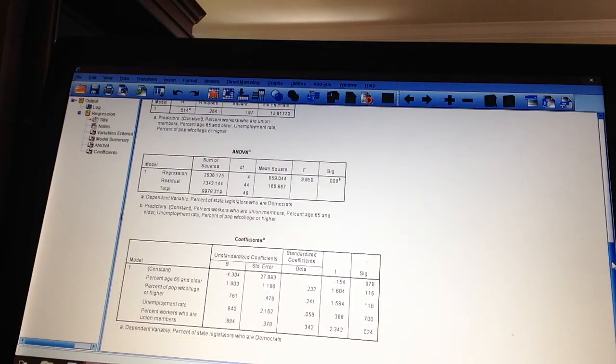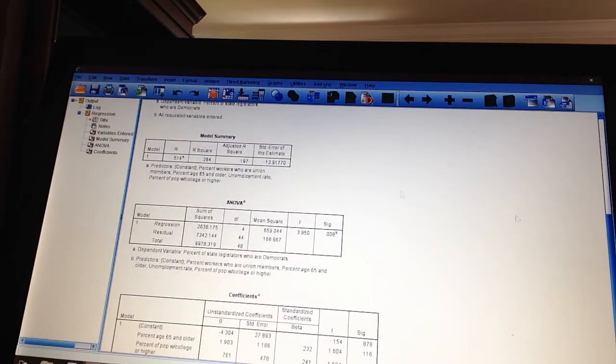Now, one other thing I want to show you in review on regression analysis is to remind you about the R-squared. All right? Remember, the R-squared tells us the percent of outcomes in our dependent variable that the independent variables can explain.